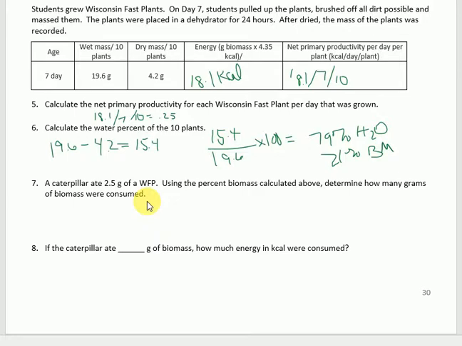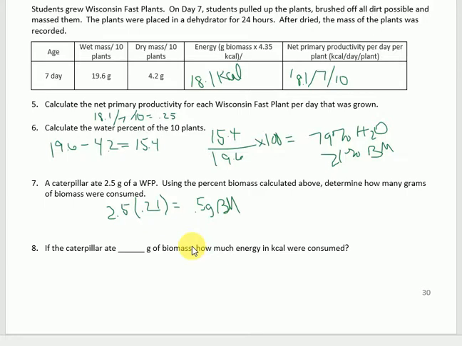So a caterpillar ate 2.5 grams of a Wisconsin fast plant, and using the percent biomass calculated above, determine how many grams of biomass were consumed. Well, we figured out that it was 21% biomass, so 2.5 times 0.21 is going to be 0.5 grams of biomass.